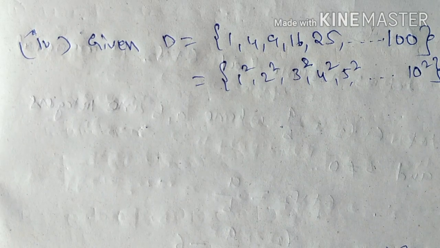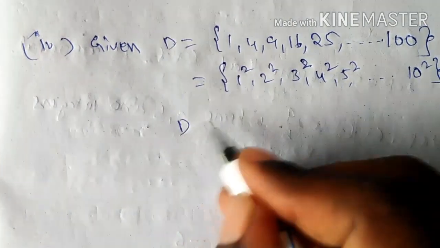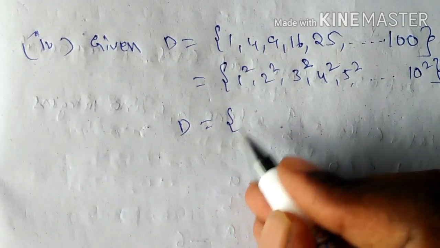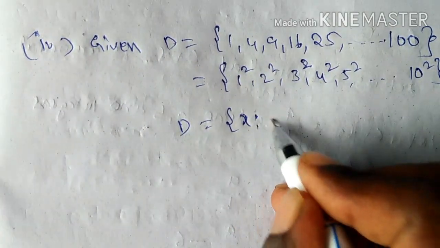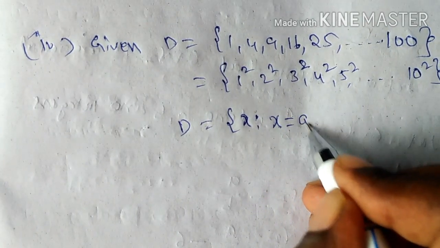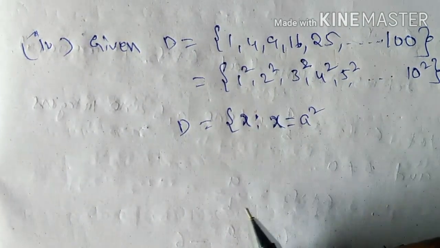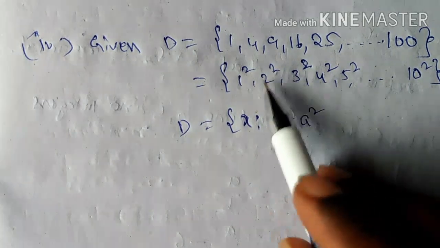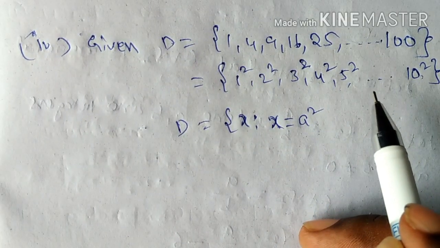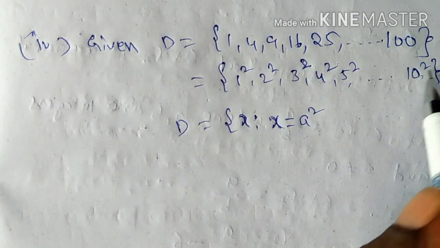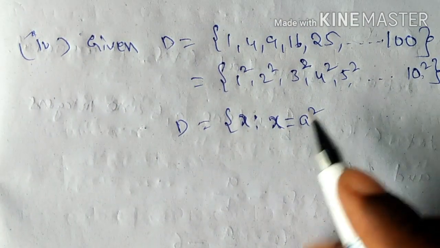Understood? Okay, you can write D is a set of all elements x such that x is equal to a square. Why? Because here the bases vary, 1, 2, 3, 4. The base changes. The exponent is fixed, square only. Okay.